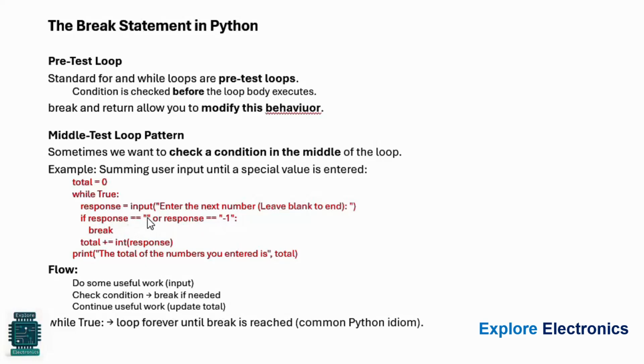Whenever we get the response as blank or -1, only then will it break the loop. Otherwise, total plus equals int(response). Print the total of the numbers you entered is total. This example tells that whenever I enter any number, it continues; leave blank to end. When I enter -1, it will print the sum of all the numbers you have entered.